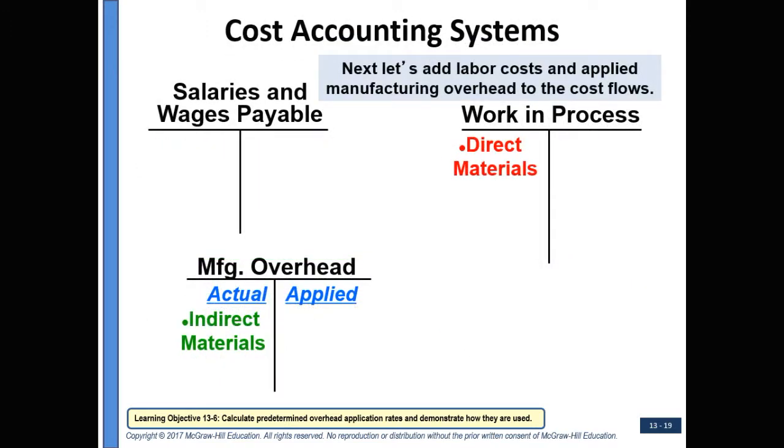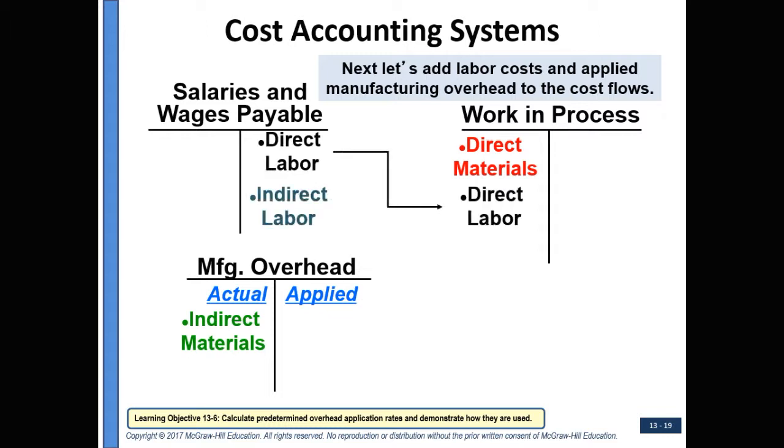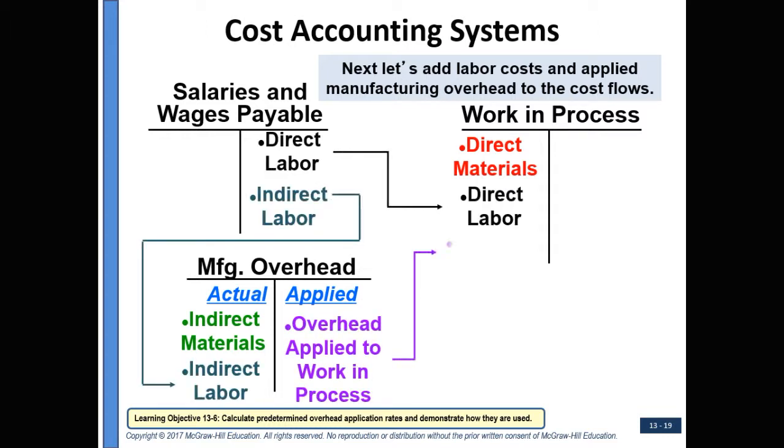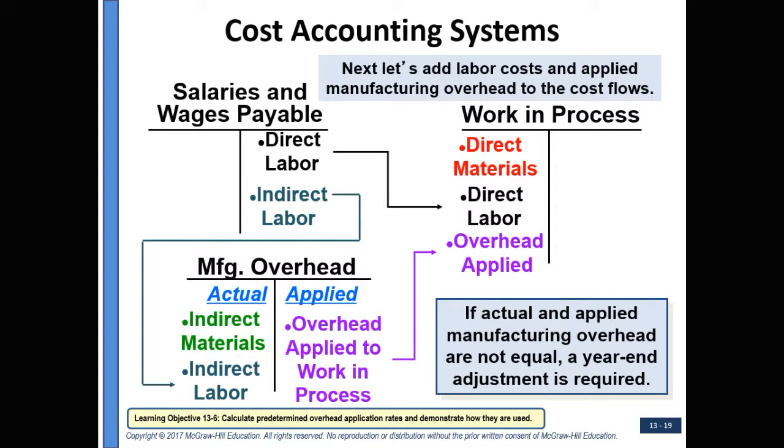Now we're going to add the labor costs and the applied manufacturing overhead to those cost flows. Direct and indirect labor are recorded as salaries and wages payable. Time records are used to allocate the direct and indirect labor costs as they're incurred. Direct labor is then debited or added to the work in process account.